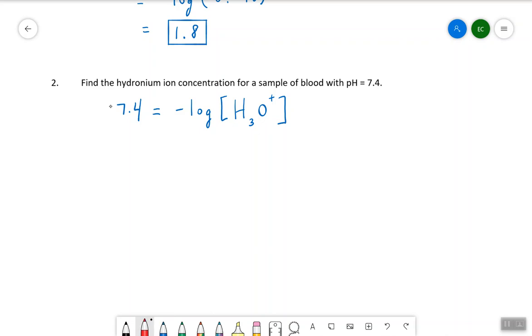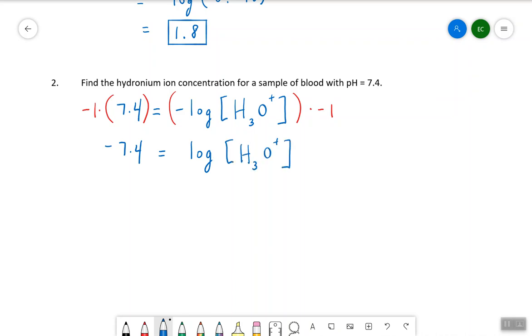Let's multiply both sides by negative 1, and we'll have negative 7.4 is equal to the common log of the hydronium ion concentration.